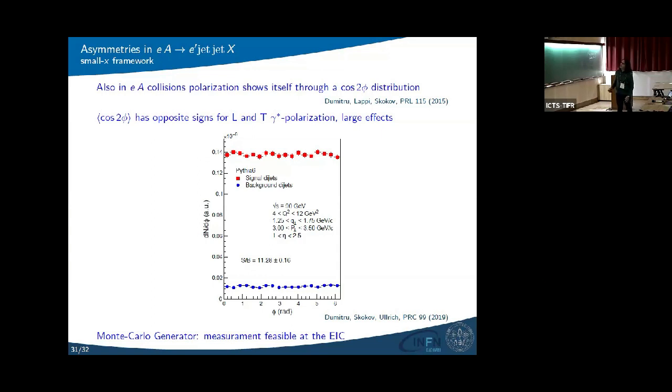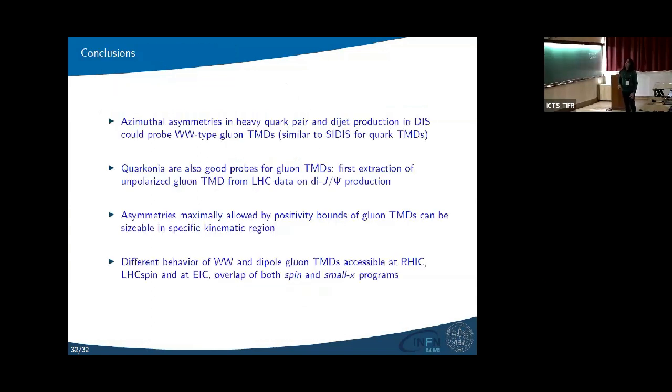And in this study, they show that at sufficiently small x, and with this cut, you have a small background, and the signal should be enhanced. So I conclude by saying that azimuthal asymmetries for heavy quark pair production or dijet production in semi-inclusive deep inelastic scattering would probe the so-called Weizsäcker-Williams type of gluon TMDs.